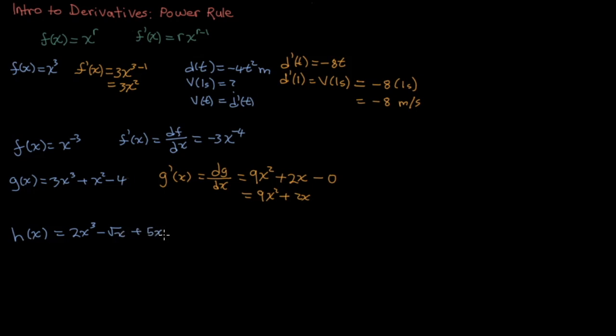How would we evaluate h prime at x? Well, the first thing we want to point out is that root x can also be written as x to the power of 1 over 2. So 2x cubed minus x to the power of 1 over 2 plus 5x.